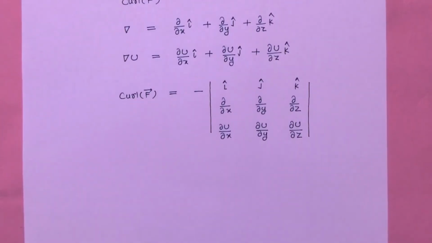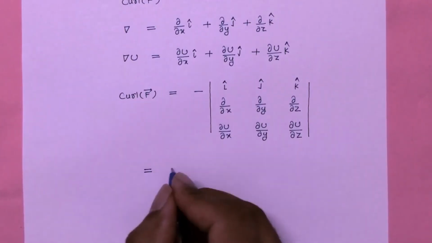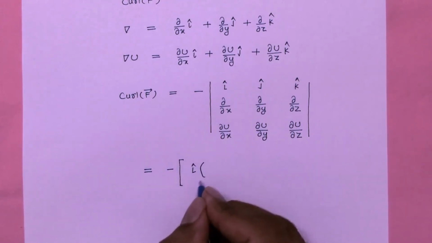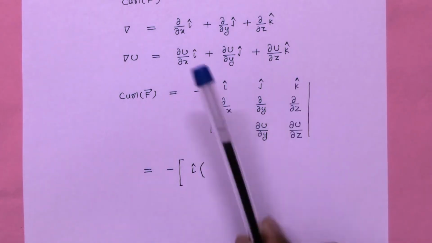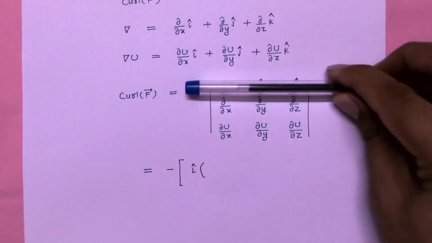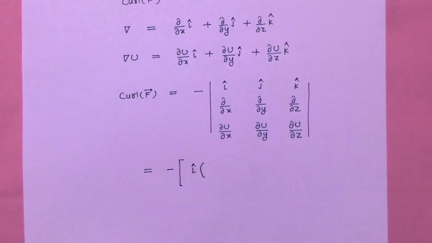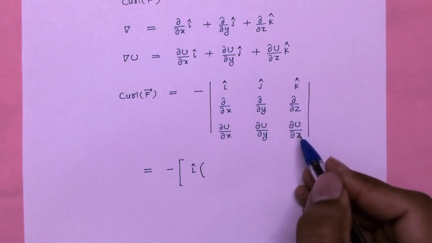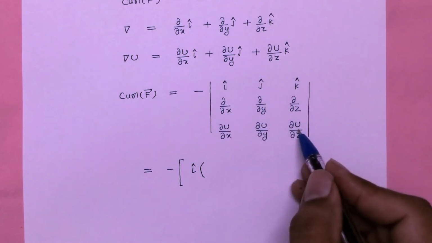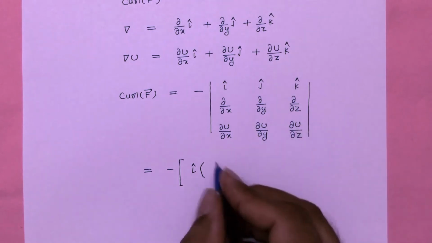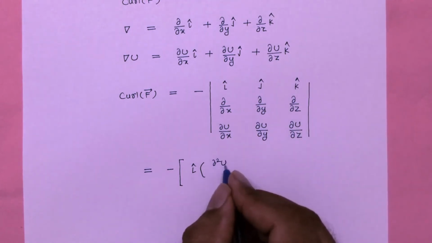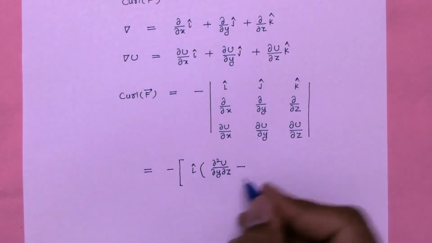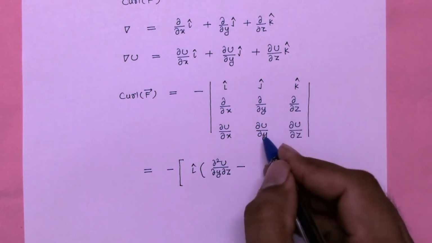Now opening the determinant and solving it, we will get i cap into the cross multiplication of the two columns, j and k. We will get partial square u over partial y partial z minus partial square u over partial y partial z.